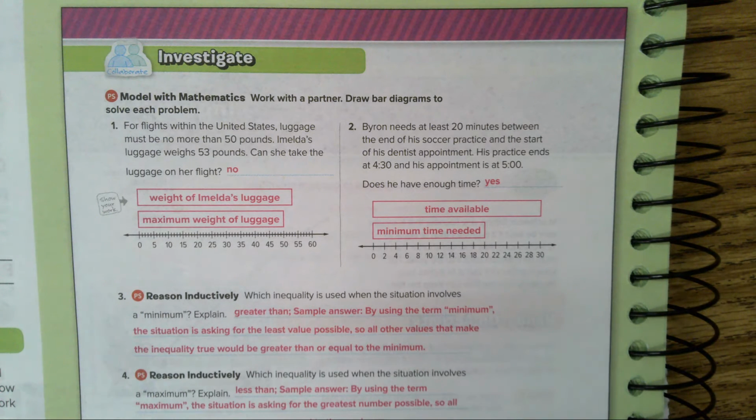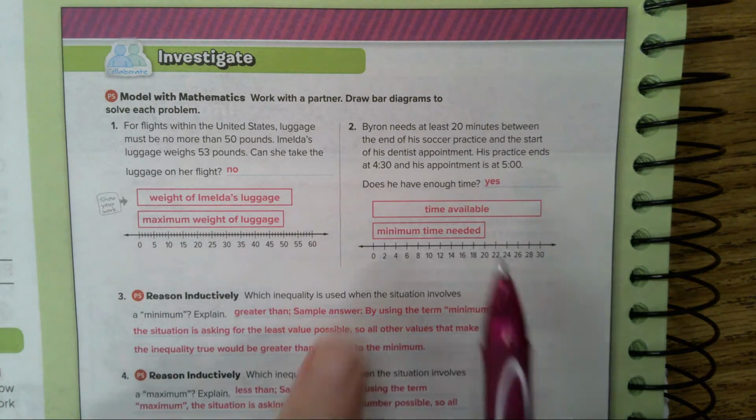Okay. Brian needs at least 20 minutes between the end of his soccer practice and the start of his appointment. Gentlemen, we're going over these. His practice ends at 4:30 and his appointment's at 5. Does he have enough time? Yes. He has 30 minutes. So time needed, 20.